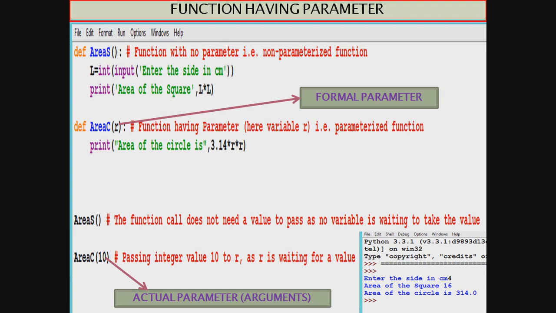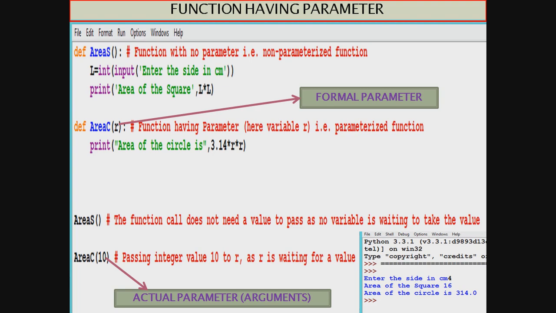The first function is area S, which calculates and prints the area of the square after taking an integer value in the variable L. And the second function is area C, which prints the area of the circle.